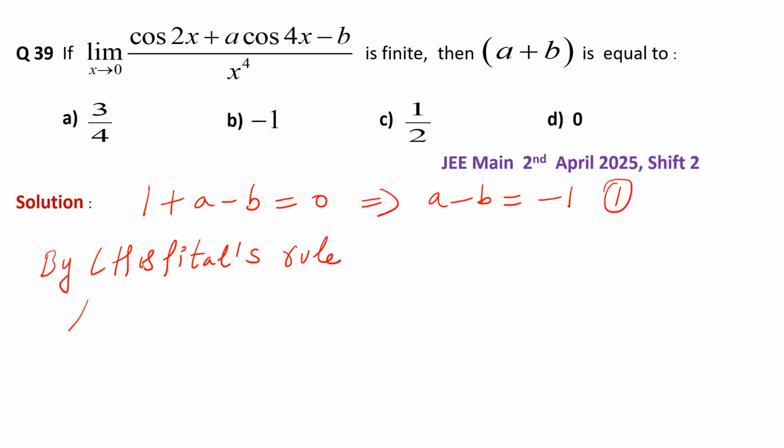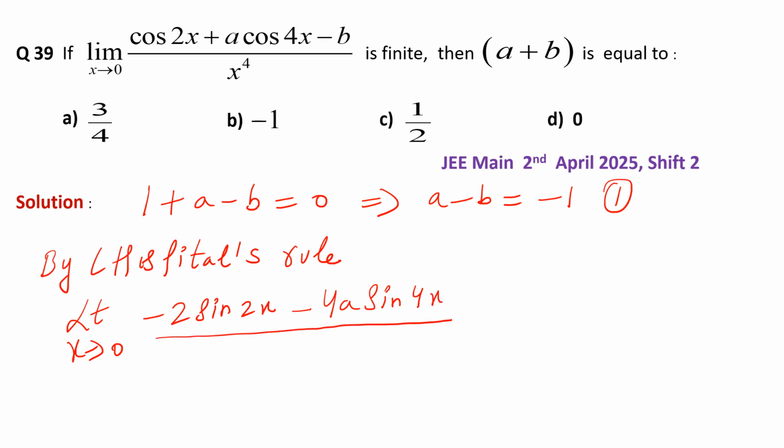After applying L'Hospital's rule, the limit becomes limit x tends to 0 of (-2 sin 2x - 4a sin 4x) divided by 4x cube. Now students, clearly this limit is again of the form 0 by 0 when we put x as 0. Now we will again apply L'Hospital's rule.